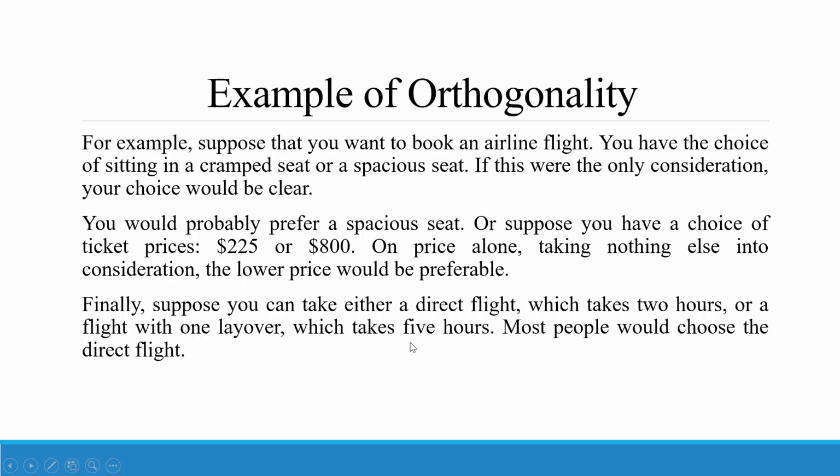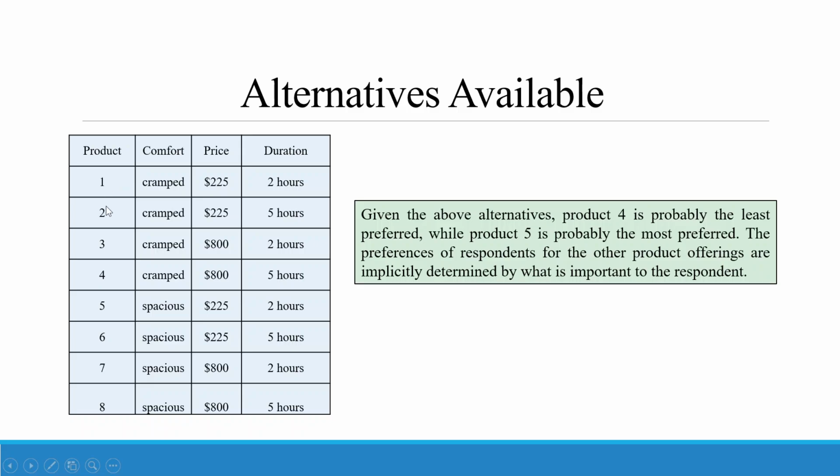Labels are two. How many attributes are there? One, that is seat; two, which is price; three, which is time. So 2 labels and 3 attributes. So 2 raised to 3, 8 profiles, 8 products come into existence.